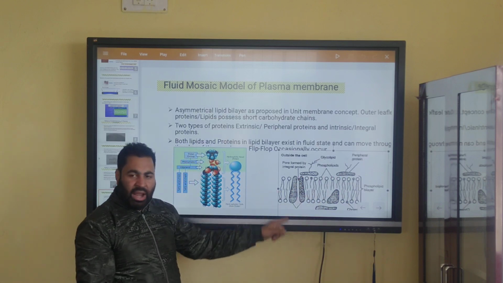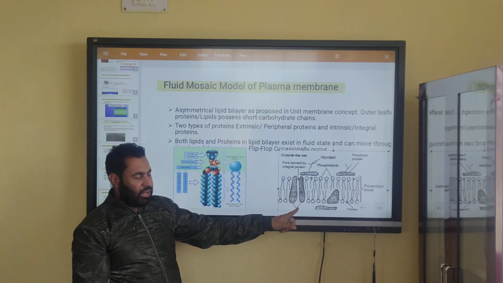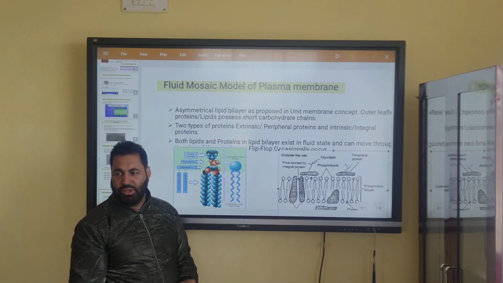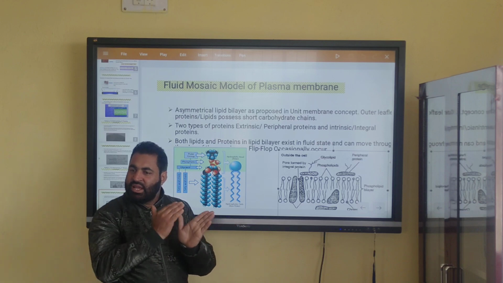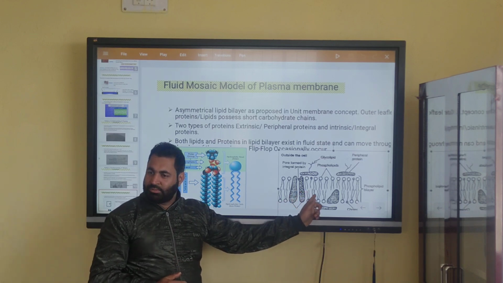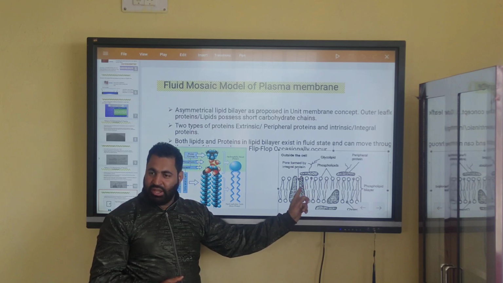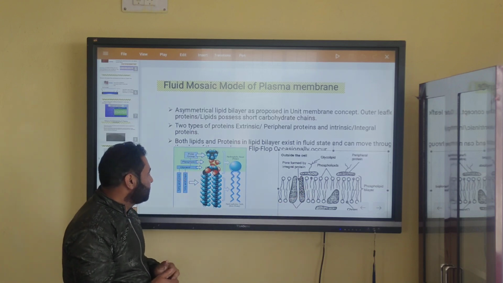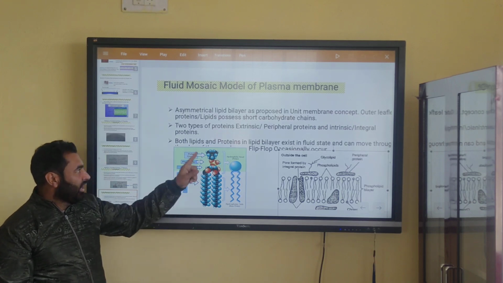Some proteins are embedded within the phospholipids. If proteins are embedded within the phospholipids, their nature should be hydrophobic because they have to interact with the fatty acids of the phospholipids.